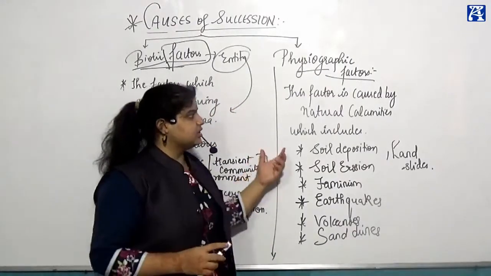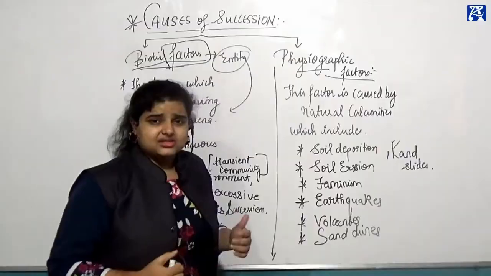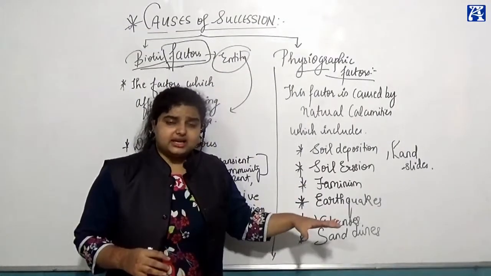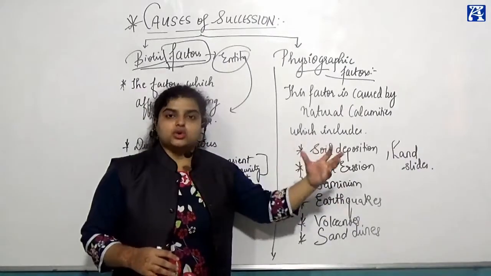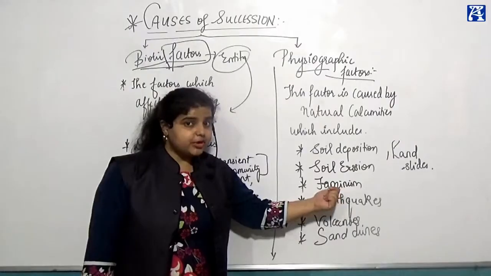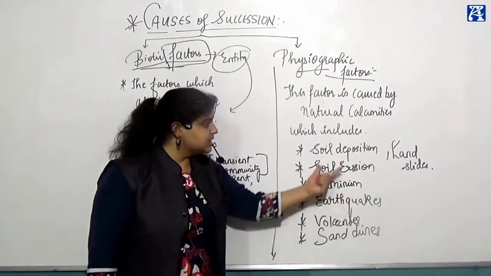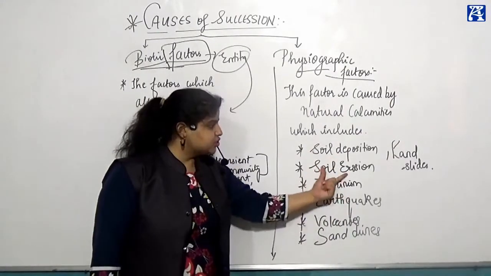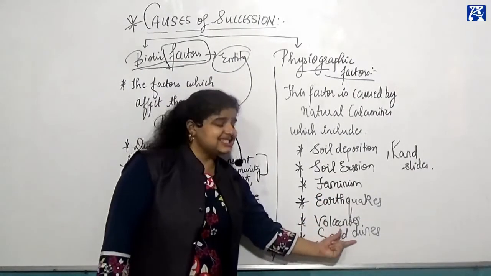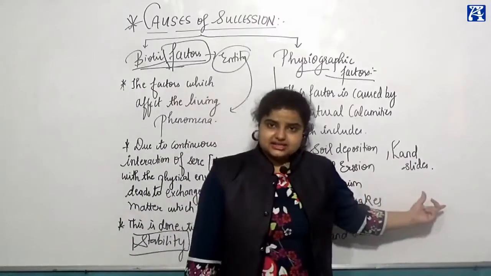This factor is caused by natural calamities. Any natural calamities leading to barren land, and when the barren land is created, a new plant grows, that is called succession. So this can also be a very important part of succession. What are those? Soil deposition, soil erosion, famine, earthquakes, volcanoes, sand dunes, and landslides.